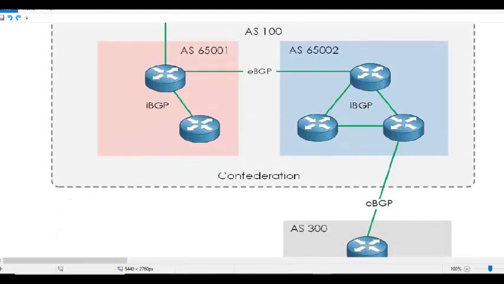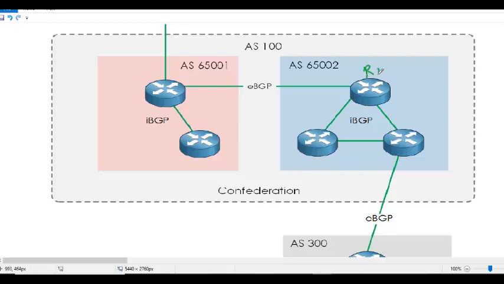If I use a route reflector here, the route will get reflected here, no doubt. But if it is too big an autonomous system, a route reflector alone is not enough. You need confederation. And you can have a route reflector inside each confederation. For example, you create confederations like this, and if you want, you can have a route reflector here, so that the route will get reflected.